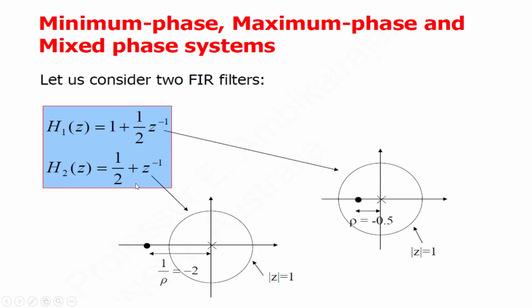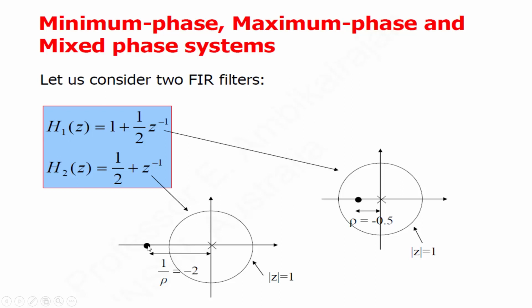And if you look at the second system, here the zero is lying at -2. And how have you got this zero? If you take the reciprocal of this value, which defines the zero here, you get the reciprocal of minus 0.5, which is -2.